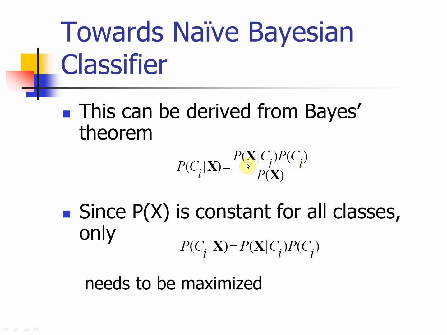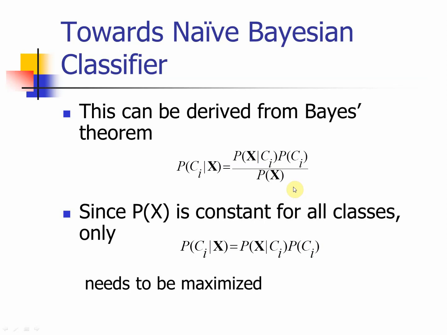That's why you need to calculate based on the hypothesis, say buying a computer, and the X with 4 attributes. We calculate the probability for all 4 attributes, multiply them together, and then multiply by the probability of buying a computer. Then you do that for not buying a computer, and you compare the 2. The one with higher probability is the one you predict. So that is the basic concept.